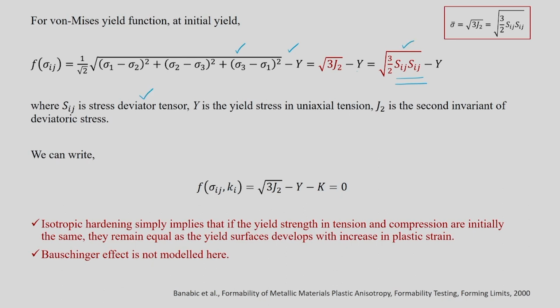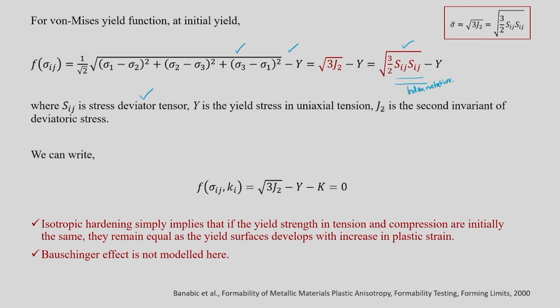When we derived the von Mises equation, there is one particular stage where we derived that equation as a function of sigma ij dash, right? That is nothing but this Sij only. There we used sigma 1 dash, 2 dash, 3 dash. Here we are just using Sij, where Sij is nothing but deviatoric stress, but the only difference is here we are writing in indical notation. This is index notation we are writing.